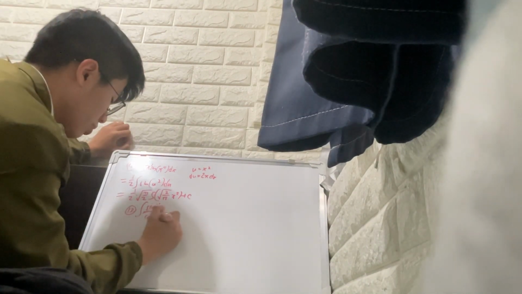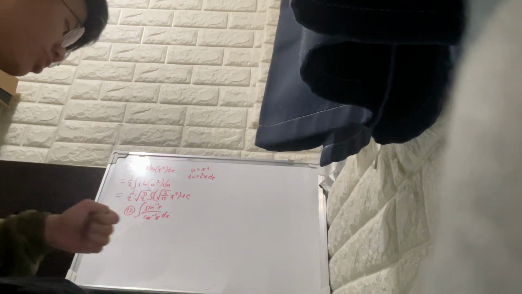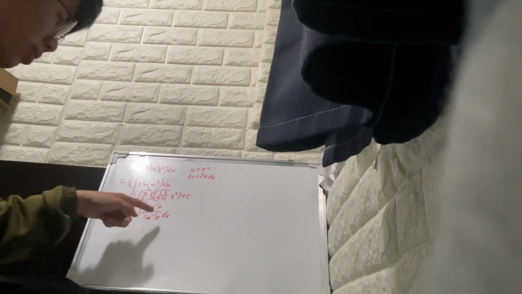So be careful: inverse sine x over inverse cosine x is not equal to inverse tangent x. If you change it to inverse tangent x, you know inverse tangent x can be integrated. But this is the non-elementary integrals video, so why put this integral here if this is equal to inverse tangent x, right?